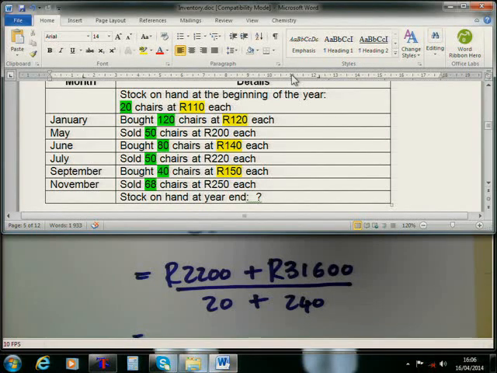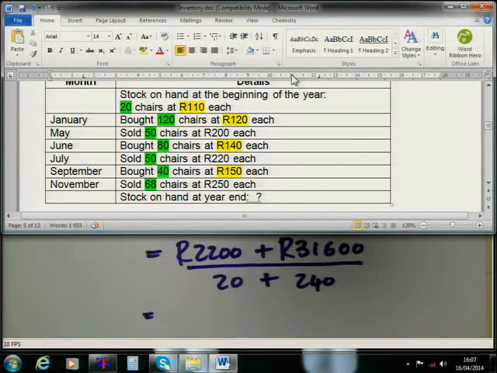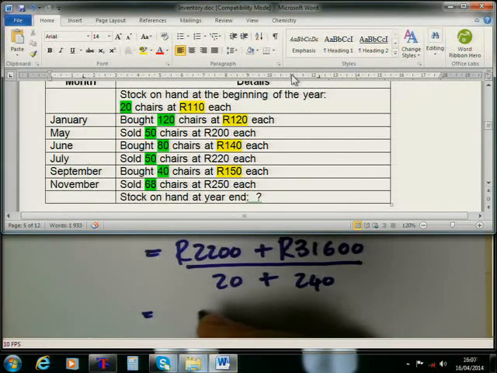The purchases was worth 31,600, but it's only 240 chairs that we bought. Okay, 2,200 plus 31,600. This is your formula. That is what you're going to use. Equals 33,800 rand.